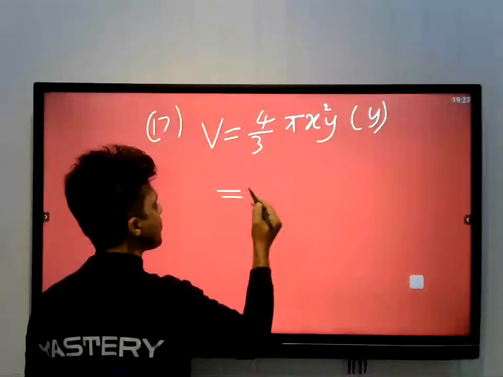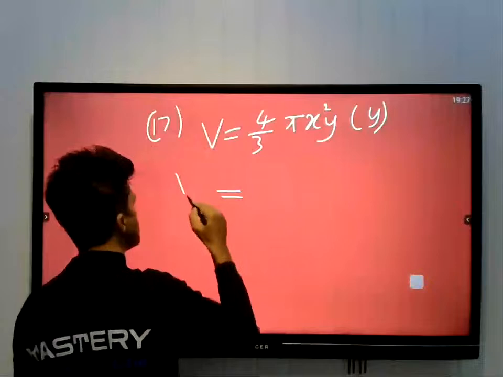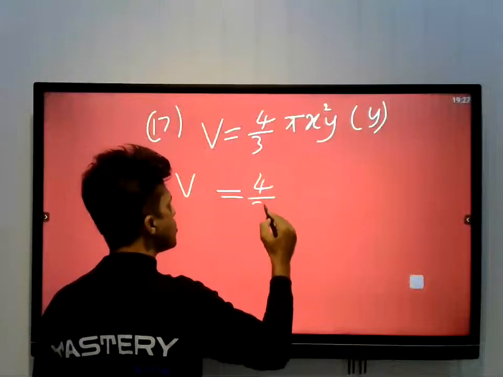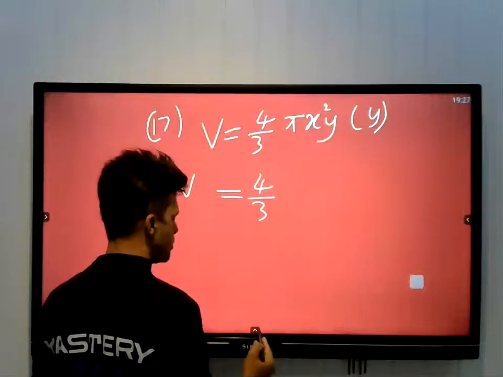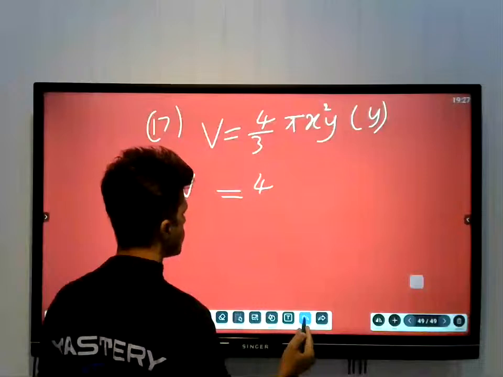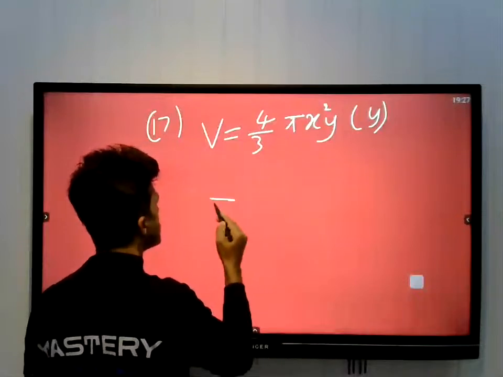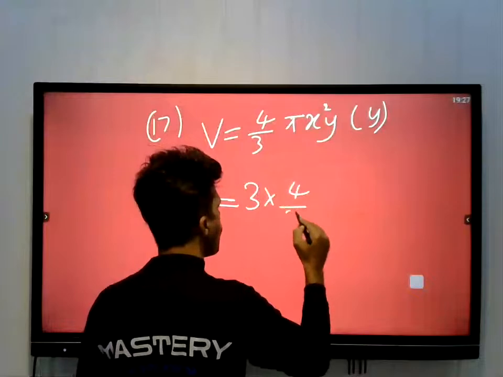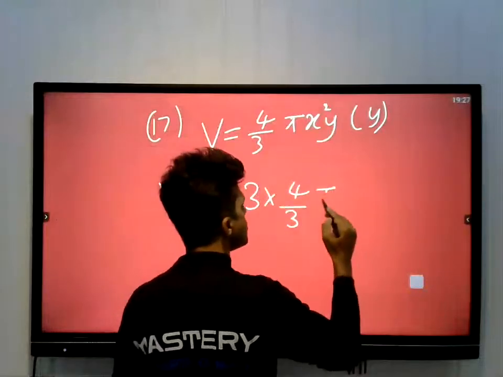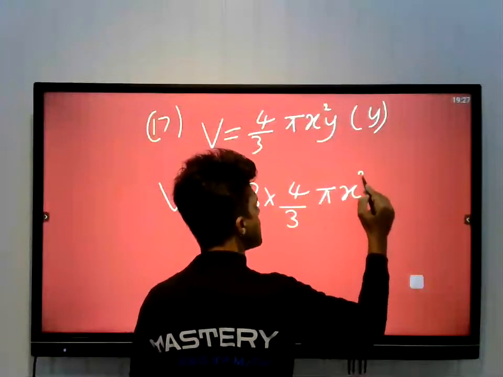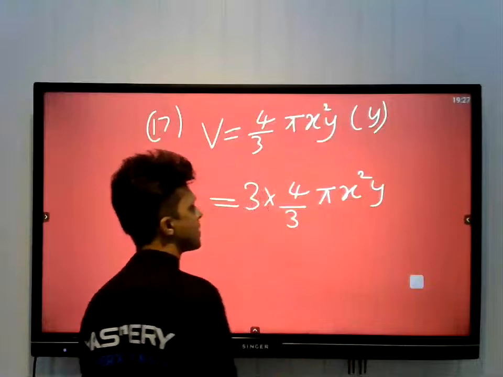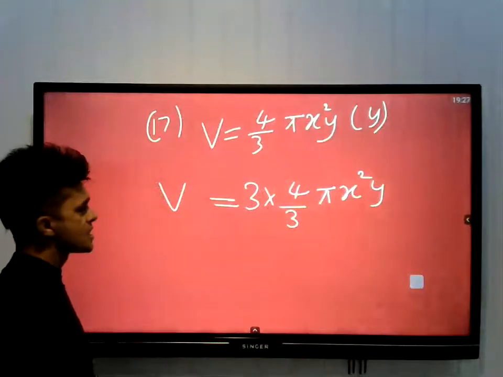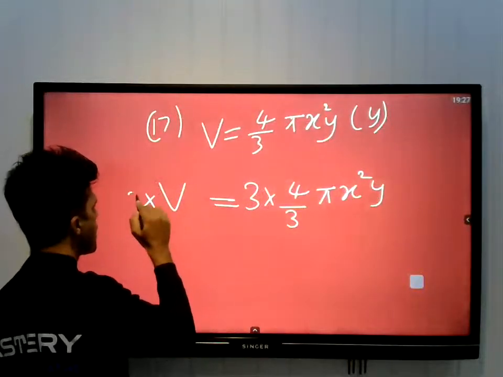Here y, here 3. So we have to remove the term 3. 3 can be removed. V equals 3 into 4/3 5 x squared y. Now this side also multiplied by 3.